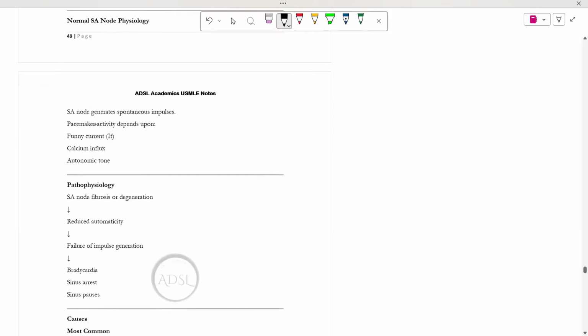Okay, we just revised what the pacemaker activity depends upon. It depends upon the sodium leak, the potassium, and the calcium. The depolarization of phase 0 is by calcium, phase 3 is by potassium, and phase 4 is by the leaky sodium channels. So leaky sodium channels and calcium are the ones which are going to cause depolarization.